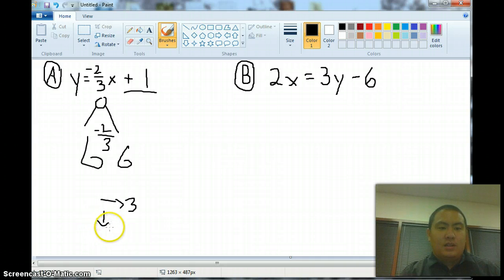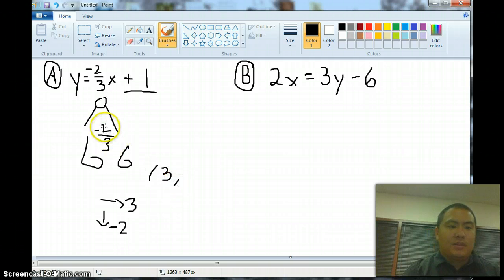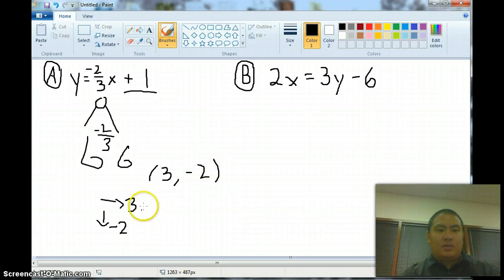If you want a shortcut, just take the bottom and write 3, and then whatever it gives you for the top, go down that amount or up that amount. In this case it's down 2, so go down 2. So there's your next point, 3, negative 2. In other words, you went 3 to the right and down 2.